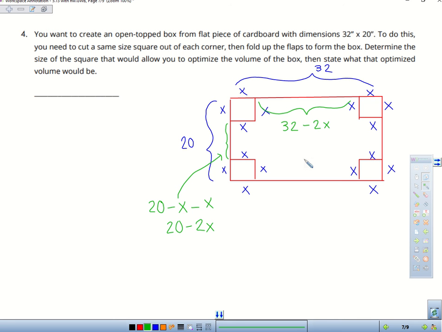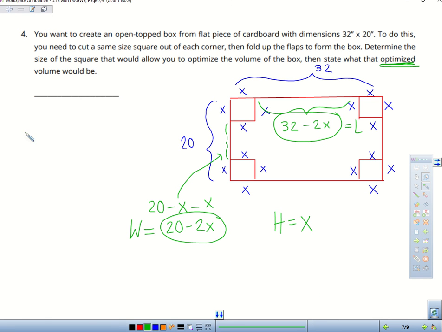And then let's talk about what the height of the box is going to be. So think about it realistically. If we fold that side up, the height of that side is going to be x, right? Because it's going to be the length of that side that you fold up. So here's your first dimension, second dimension. This is your length or your width. And your height is just regular x, because that's how tall the box is. We don't know yet. So they want you to optimize the volume.